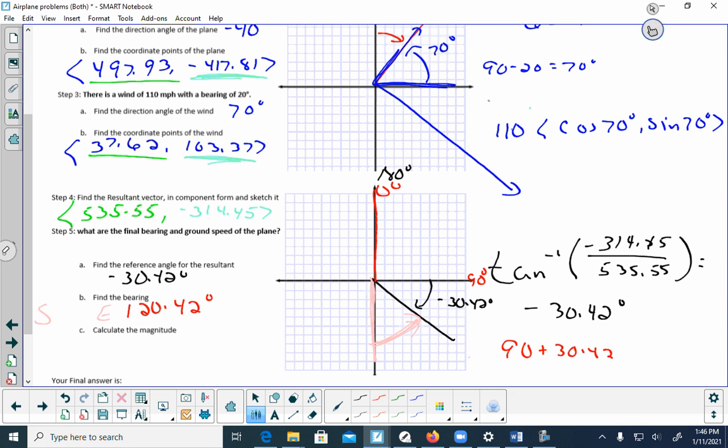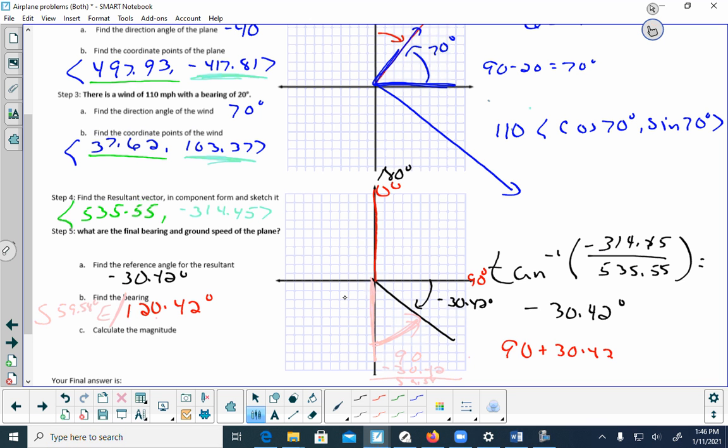To find that angle, I'm going to take 90 minus the 30.42. And when I do that, I get 59.58. So south, 59.58 degrees east. Either one of these are fine. Your choice. Most people just stick to the 120.42.